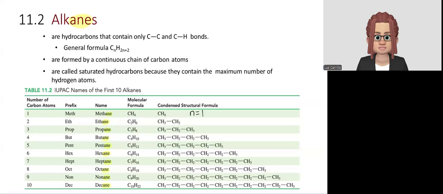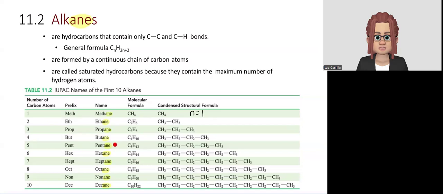For 5, 6, 7, 8, 9, 10 carbon atoms, those prefixes are going to be Greek. Pent for 5, hex for 6, hept for 7, oct for 8, non for 9, dec for 10. And we can see their corresponding alkane names for straight chain carbon atoms of those values.